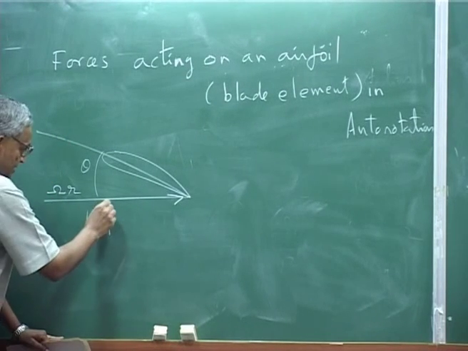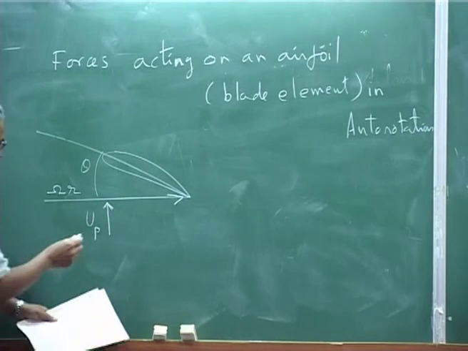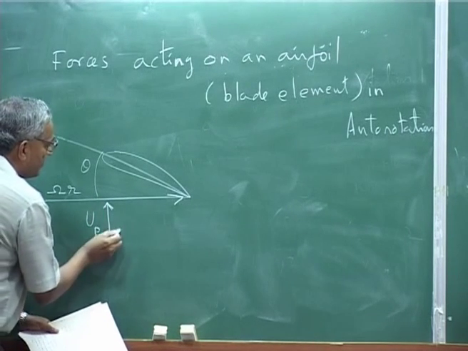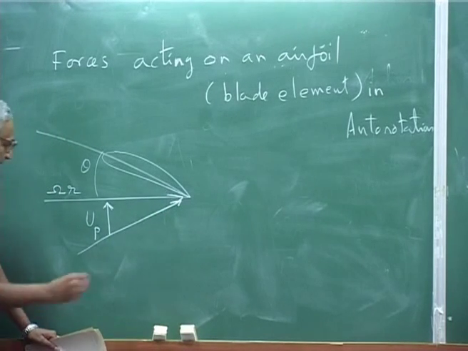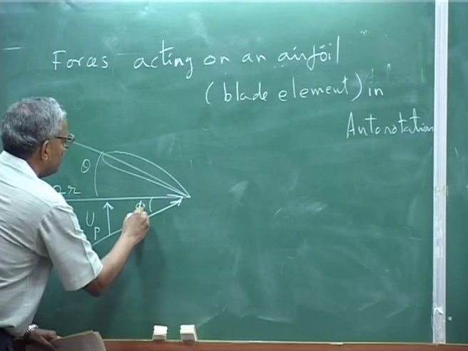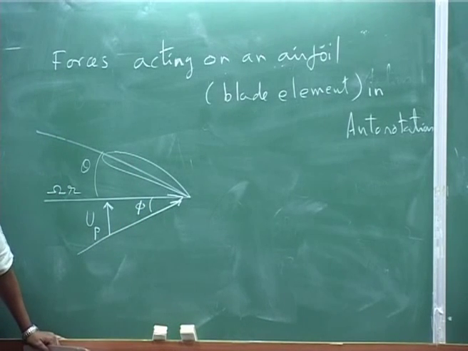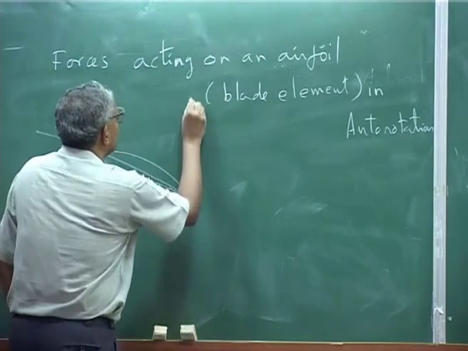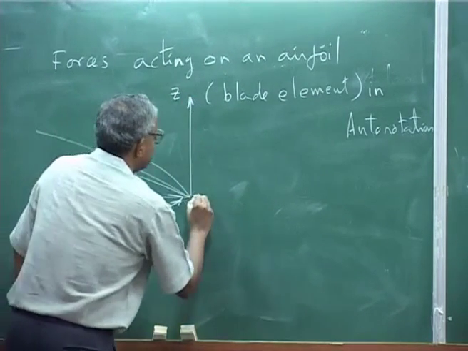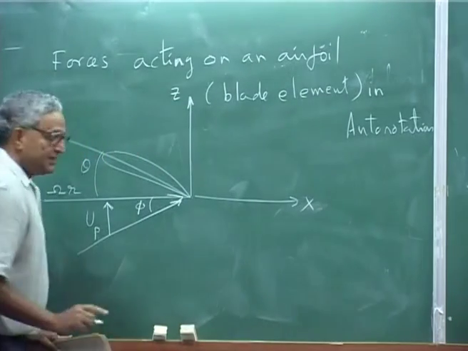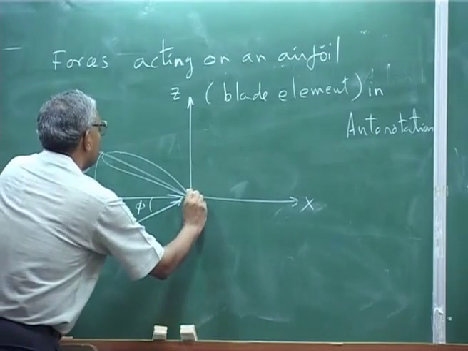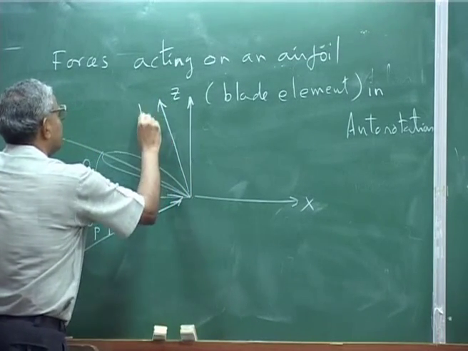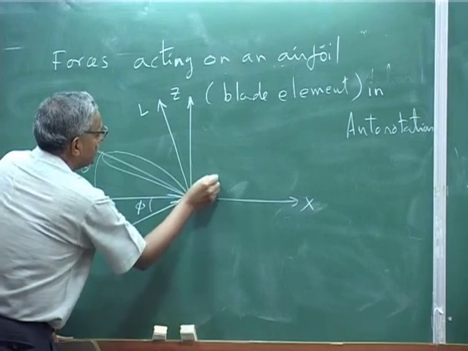Let us say it has a u perpendicular, I have drawn it up. Now, the resultant velocity is this, so this angle is phi. Now, let us draw, this is the z axis, this is the x axis. Lift is normal to the resultant flow, this is lift and the drag is along that.